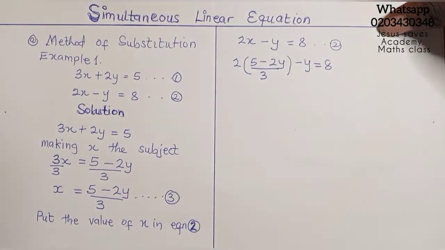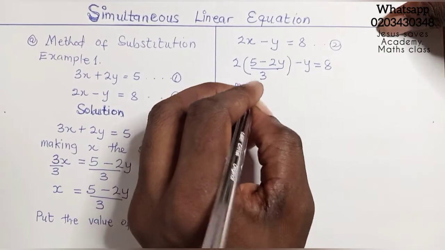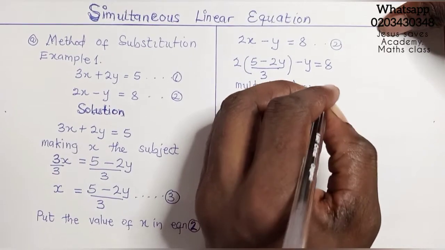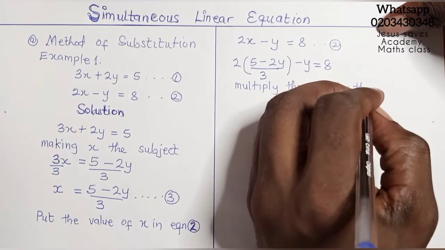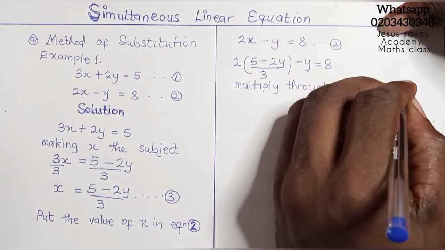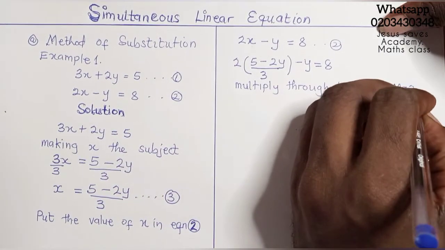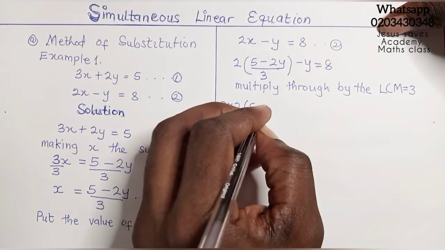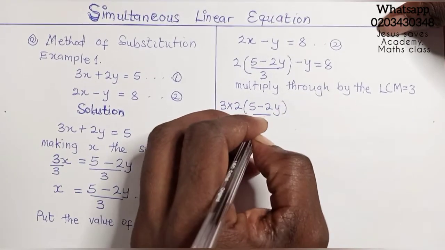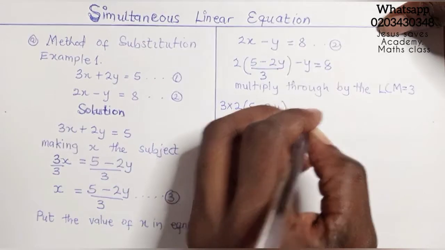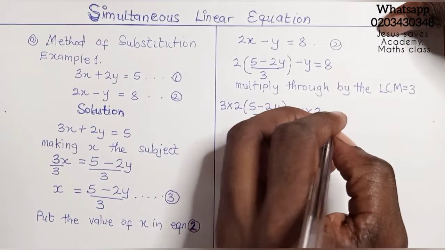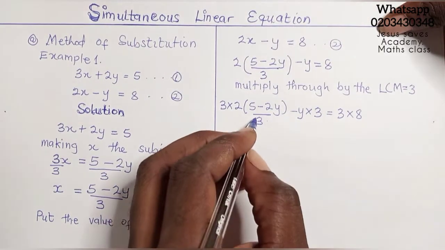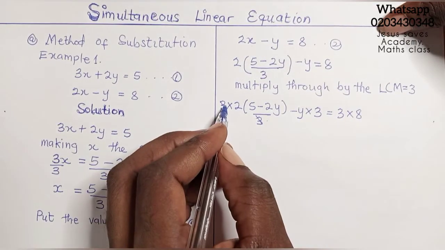Multiplying through by the LCM, these 3 will cancel these 3 here.